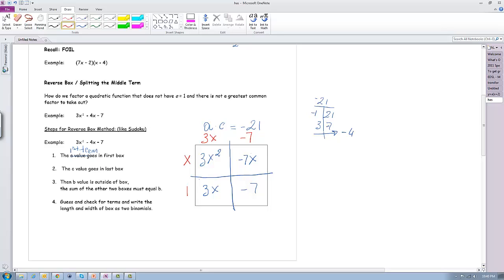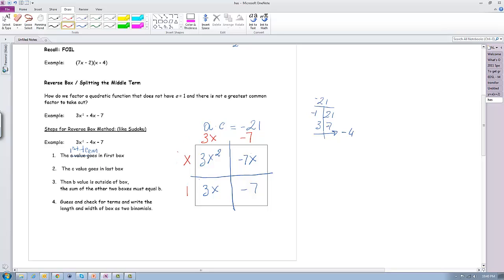Notice that the signs you use here are always the signs inside the box that you're touching. So x is touching a positive term, so it's a positive x. 3x is touching a positive box, so it's a positive 3x. Here I'm touching a negative box, so the 7 takes a negative.